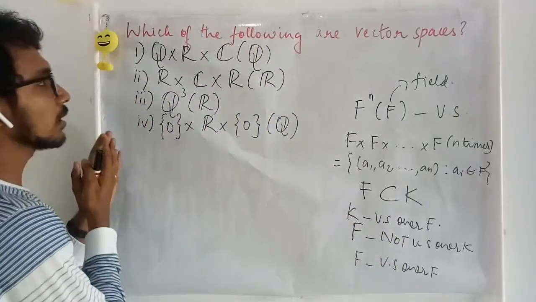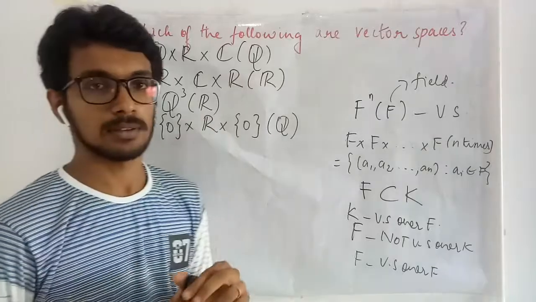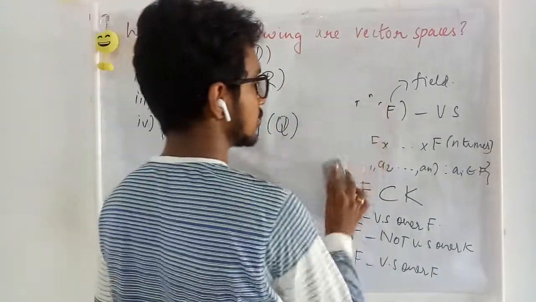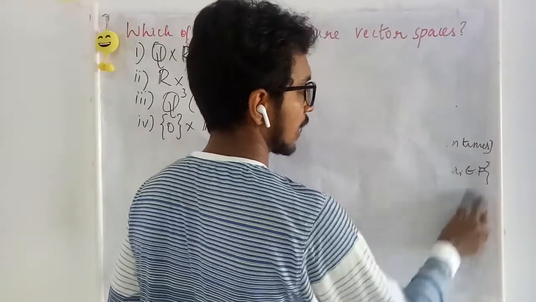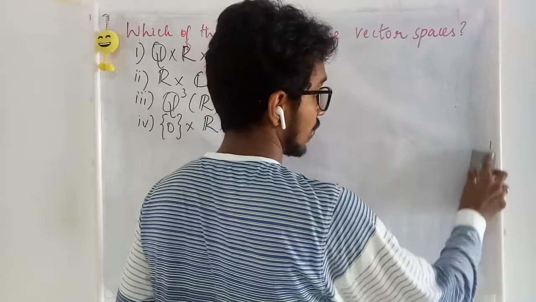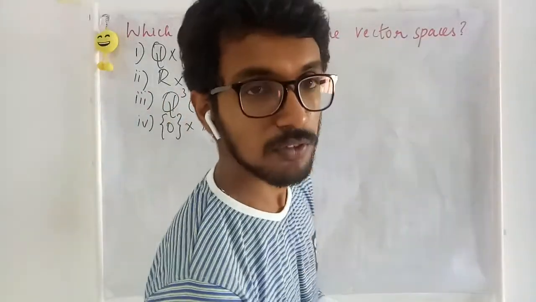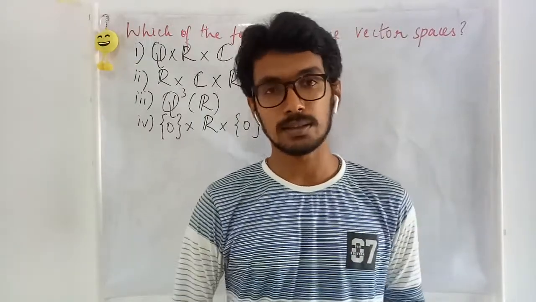Here, we are given some combination of these things. But here, the operations are not specified. If the operations, that is vector addition and scalar multiplication, are not specified, we will have to consider these things in the usual sense.